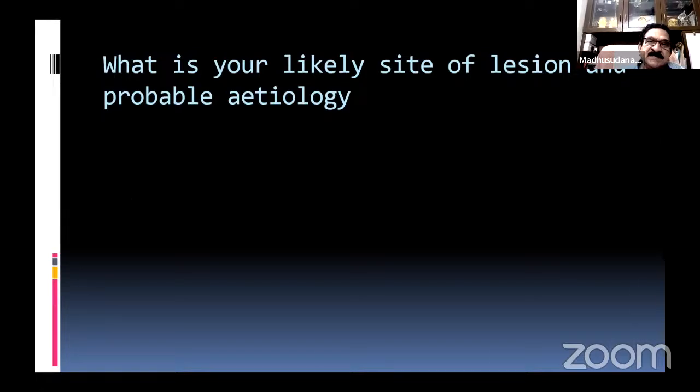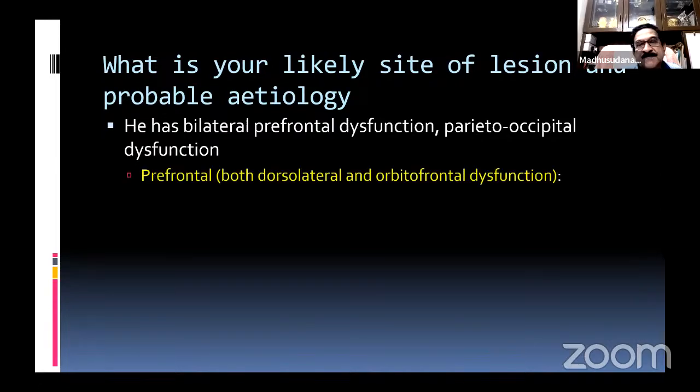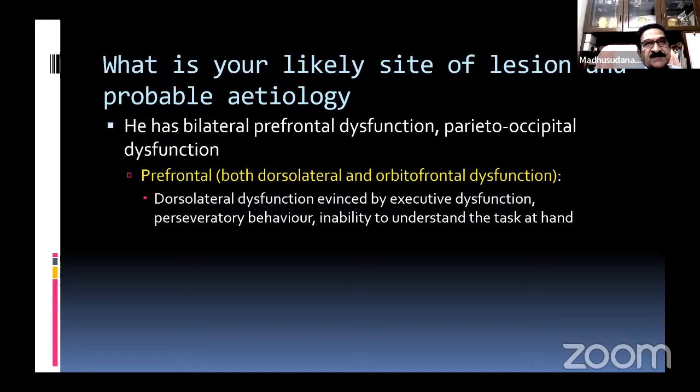So, what is the likely site of lesion and the probable etiology? It's got bilateral prefrontal dysfunction and parieto-occipital dysfunction. What are the features of prefrontal? Both dorsolateral prefrontal as well as orbitofrontal. What are the symptoms due to dorsolateral prefrontal? It's got severe executive dysfunction, perseverating behavior, and inability to stay on task at hand.